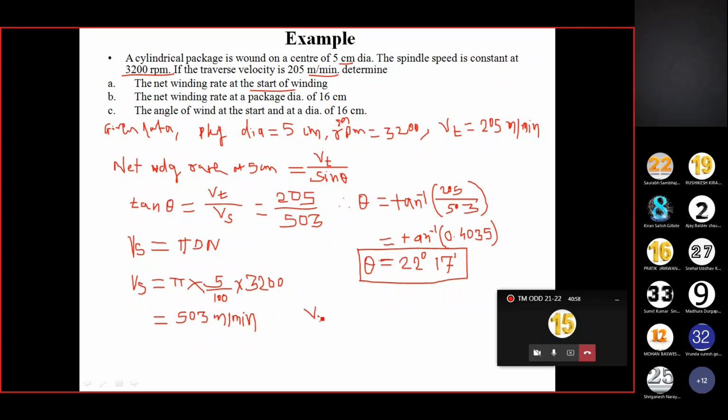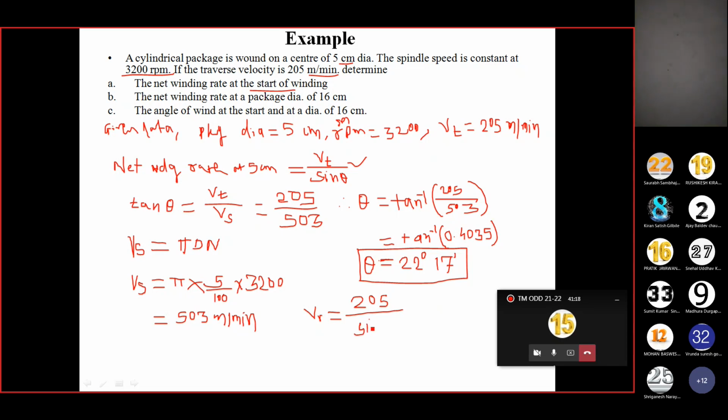So VR, the net winding rate, is equal to Vt by sin theta. So Vt is how much? 205. And sin theta, now what will you take?